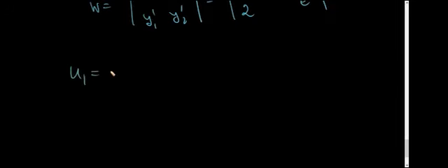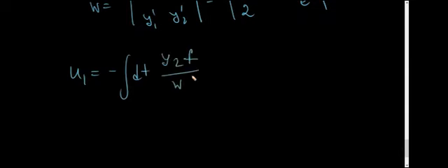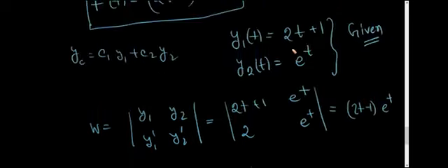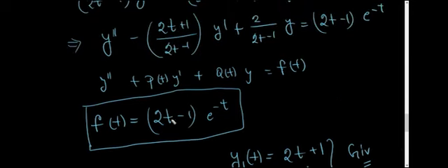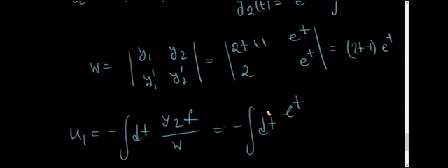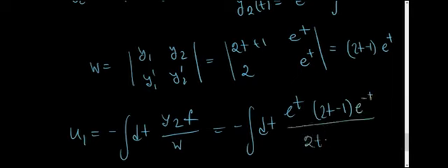So u1 will be minus the integral dt of y2 f divided by the Wronskian. Our y2 is just e to the power t. Our f of t is (2t minus 1) e to the power minus t, and the Wronskian is (2t minus 1) e to the power t.